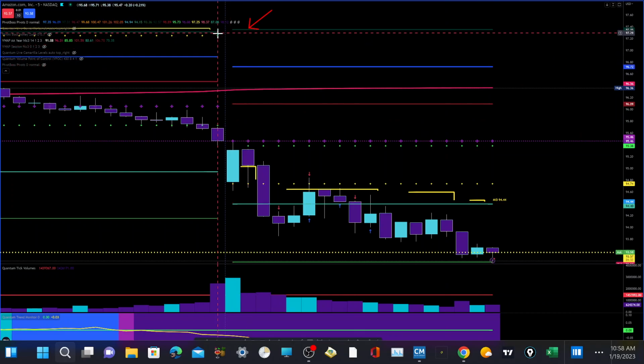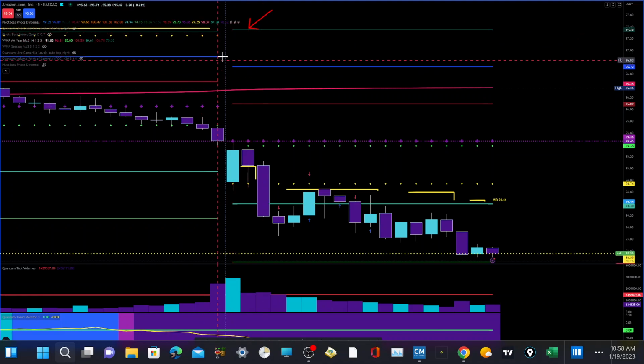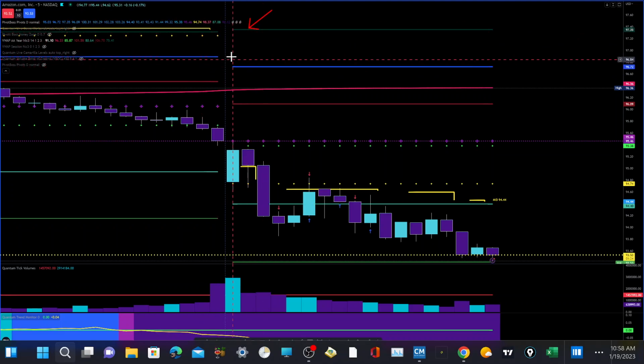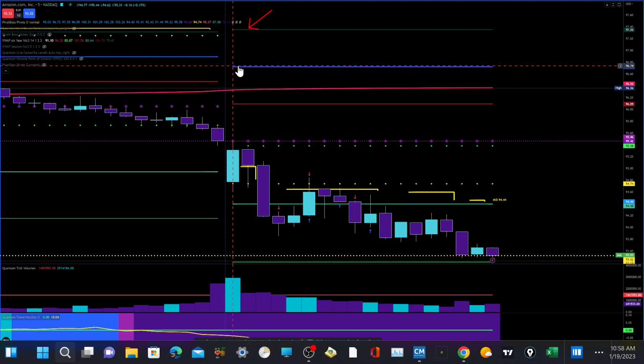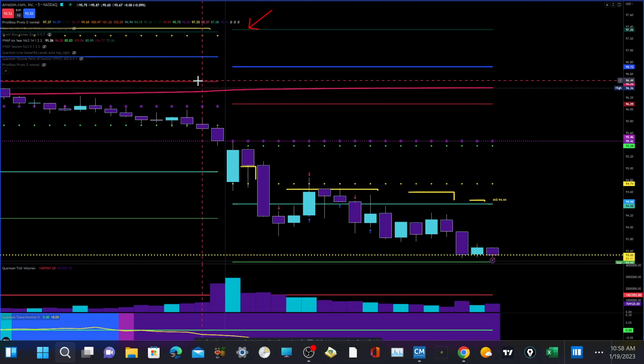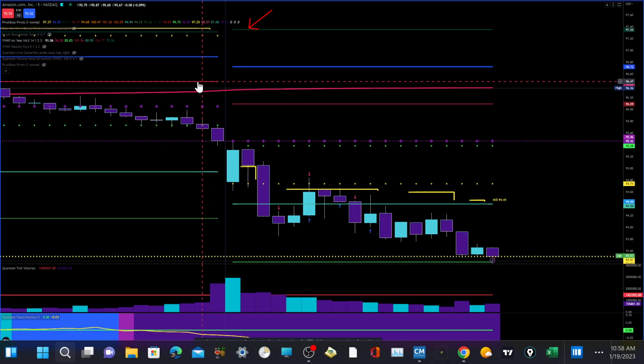Yesterday's bottom central pivot was 97.31, so it's slightly higher. We got the pivots moving down a little bit. Yesterday's pivot was 96.89, so it moved down a little bit to 96.72, and this top central pivot, which is flipped, was at 96.47.